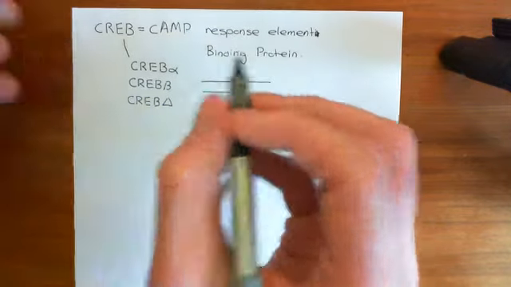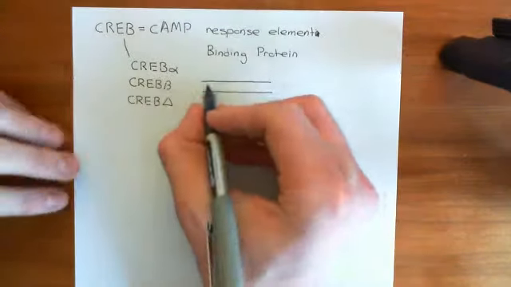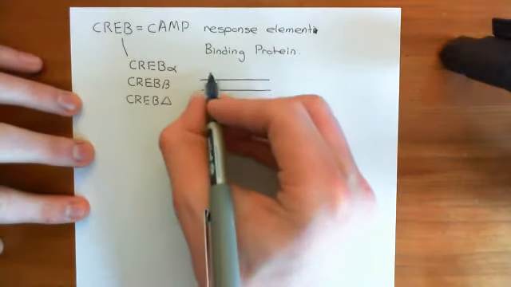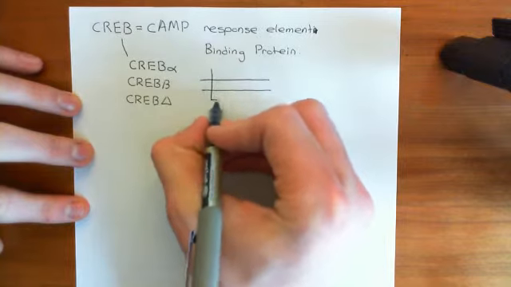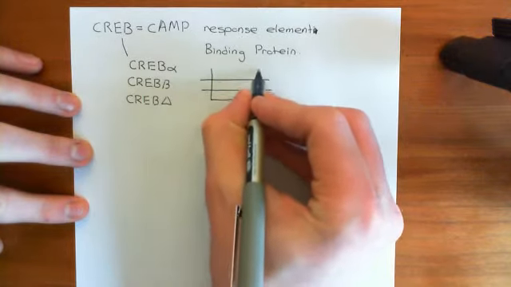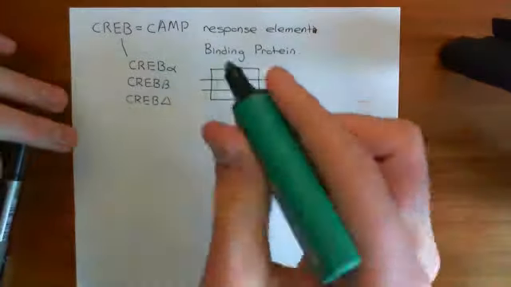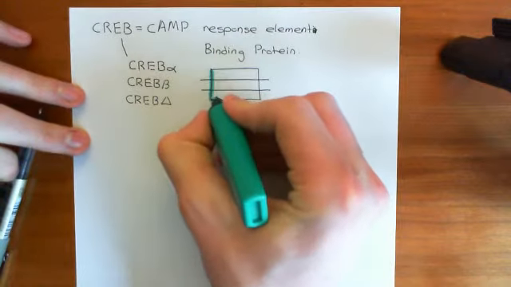Right. So, let's say these two parallel lines here represent the two strands of DNA. And let's say that this portion of the double-stranded DNA, which I am now boxing, is going to be the gene for CREB.